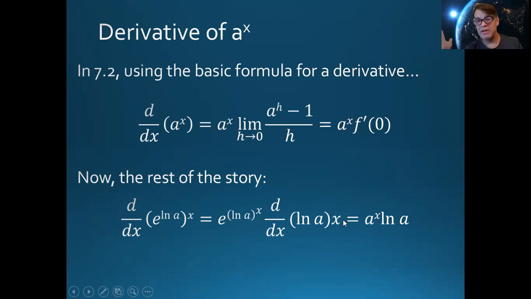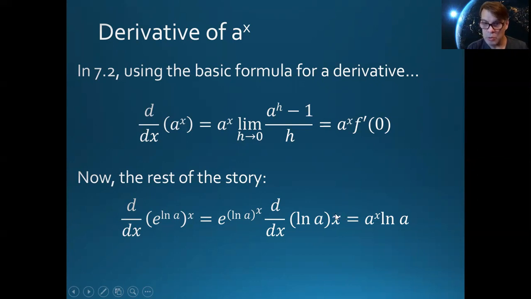Well, the derivative of x with regard to x is 1, because remember, when we're taking the derivative of something raised to a power, it's that something to the power minus 1, and then you put on the front the original power. So here the power is 1, x to the 1 power.